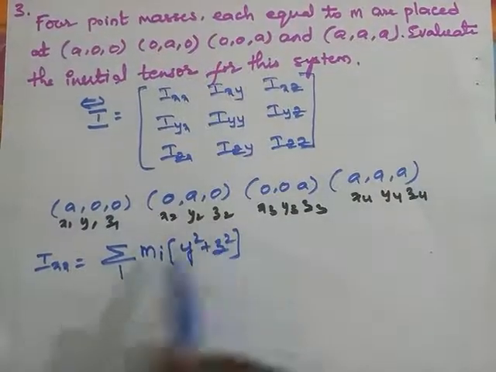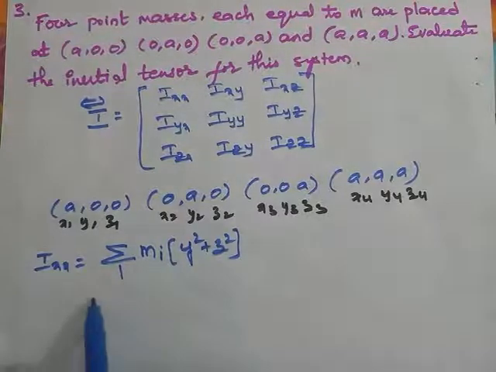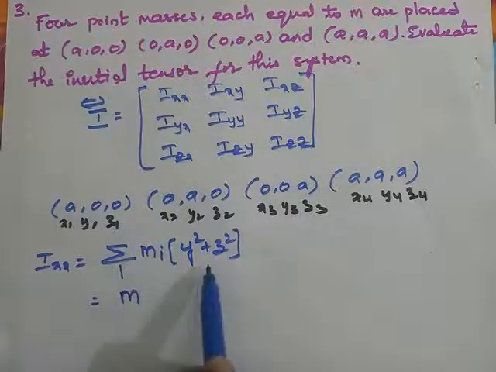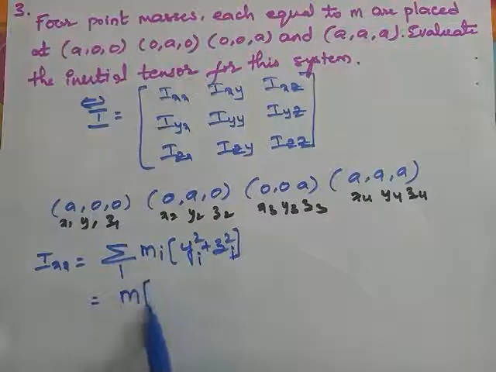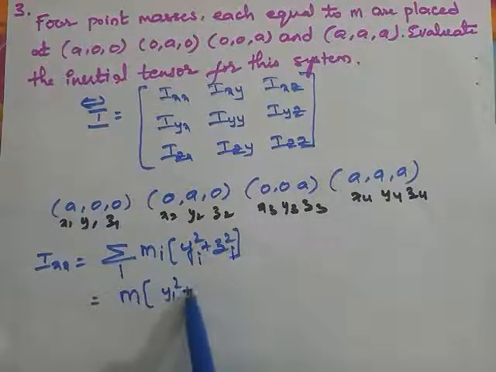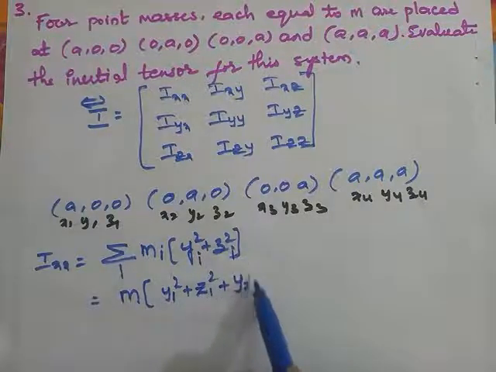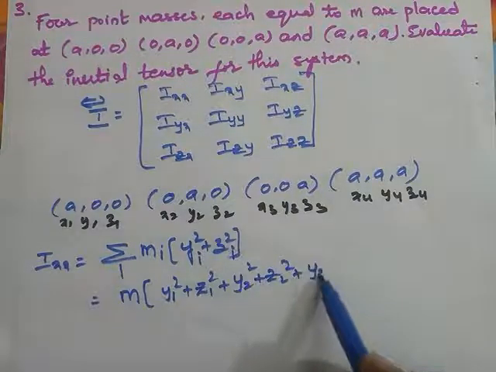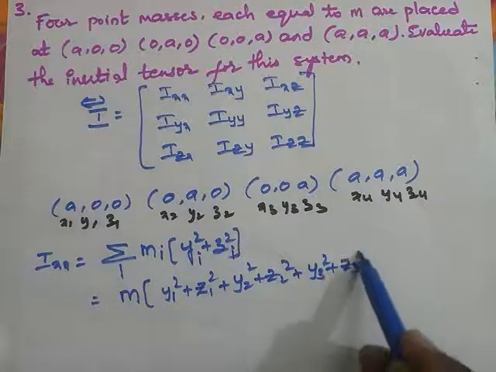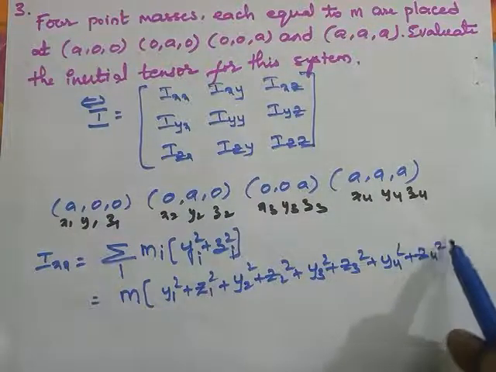Now the mass of all points is the same, so write m outside and expand this function. We get (y1 square plus z1 square), (y2 square plus z2 square), (y3 square plus z3 square), (y4 square plus z4 square).